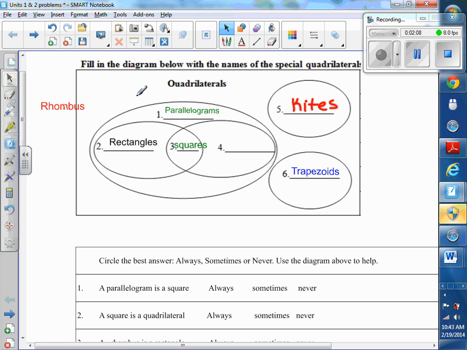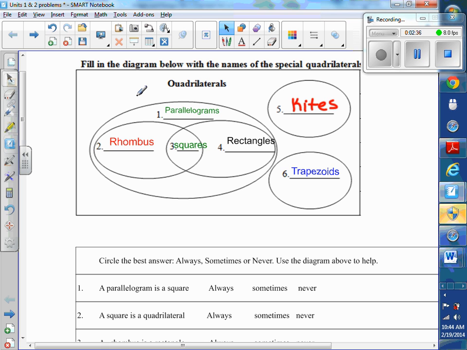If you disagree, move them around and tell us why. So it looks like that group agrees. That's one correct solution. Things that could be different is rectangles could be here and rhombuses could be there. But that's it. That's the solution.